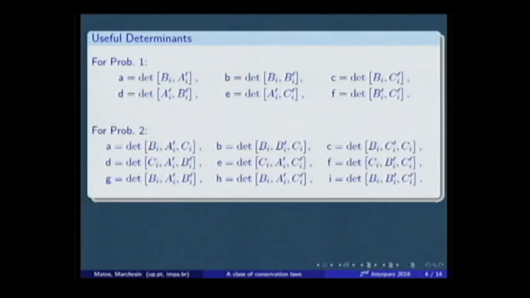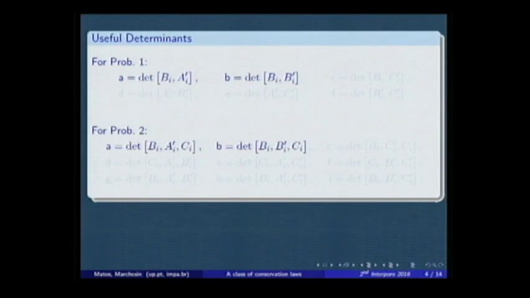Okay, the answer to these problems depend on a lot of matrices and determinants. I will not bore you with all the computations, but I would like to say that since I'm solving two problems at the same time, I have the same letter meaning two different things.